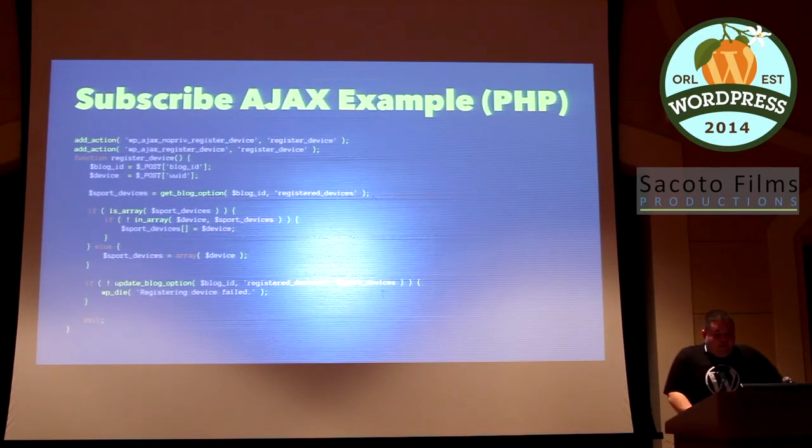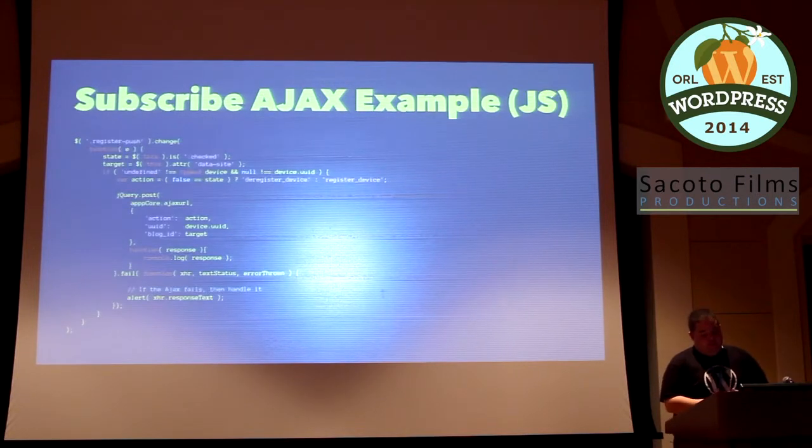And what was interesting is we have to check that the request was actually successful. So near the end, I do the if not update_blog_option. Since update_blog_option returns true on success or false on failure, I can decide to send back a failure on that. And then we tie that into the JavaScript.